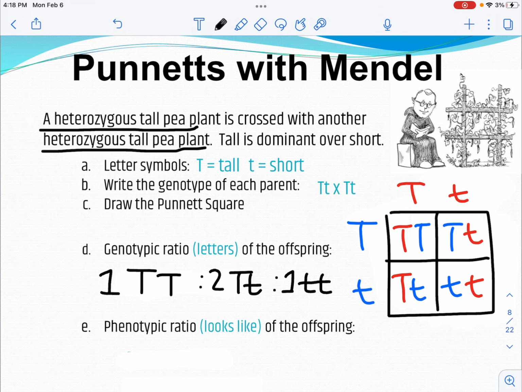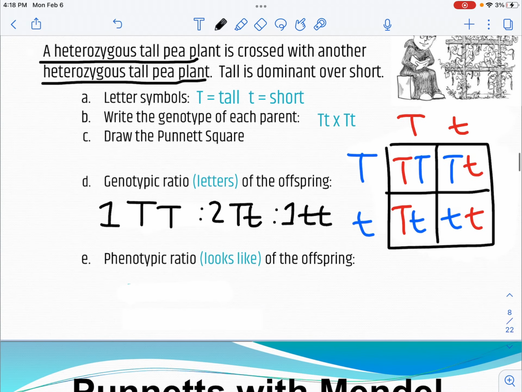Then we have to look at our ratio of phenotypes. What does big T tell us? That tells us that this offspring is going to be tall. What about big T? Same thing. We have at least that one dominant letter, that one capital letter. The only time we get short is if we have little t little t.